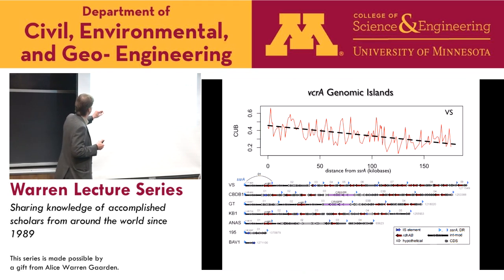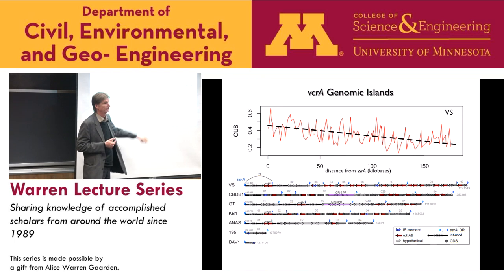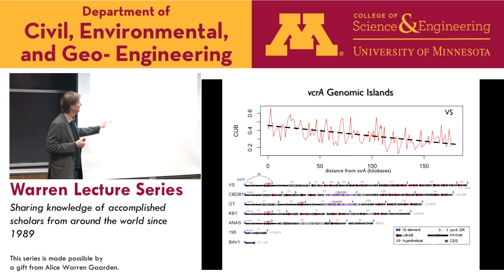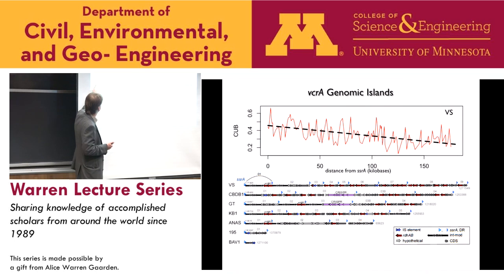We know that the acquisition of new genes always occurs here, and thereby pushes the other genes in this direction. So in other words, these are the most recently acquired genes. Now look where they are for vinyl chloride reduction. Here, and this is the strain that we work with, it's the most recently acquired gene.